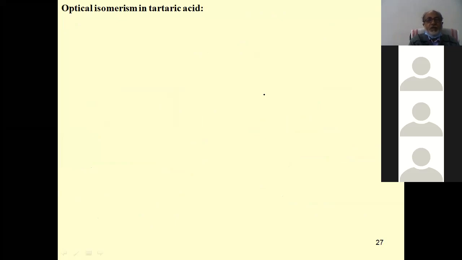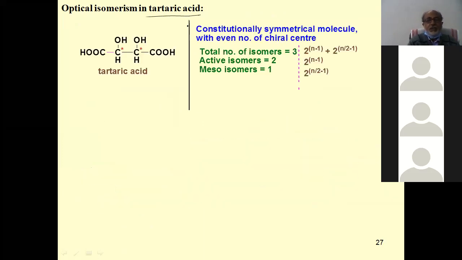Okay. Now we come here. Optical isomers of tartaric acid. Tartaric acid is this one. It is constitutionally symmetrical with an even number of carbon atoms. So let us see this formula. Otherwise, if it was unsymmetrical, it would have been 2 to the power 2, which means 4.